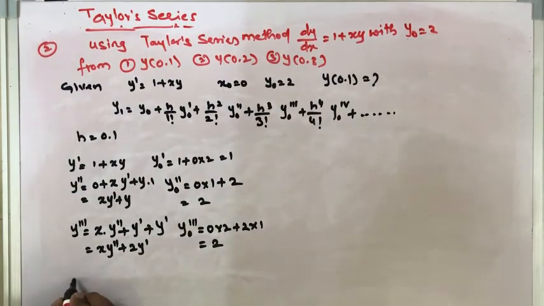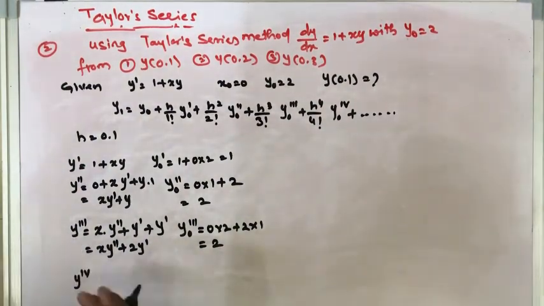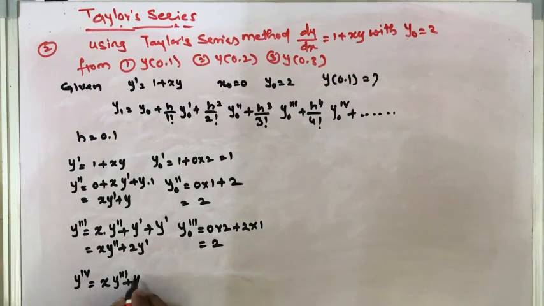Then the fourth differentiation, the differentiation of y triple dash, gives y quarter dash. The differentiation of x into y double dash is x into y triple dash plus y double dash, plus 2 into the differentiation of y dash, which is y double dash.